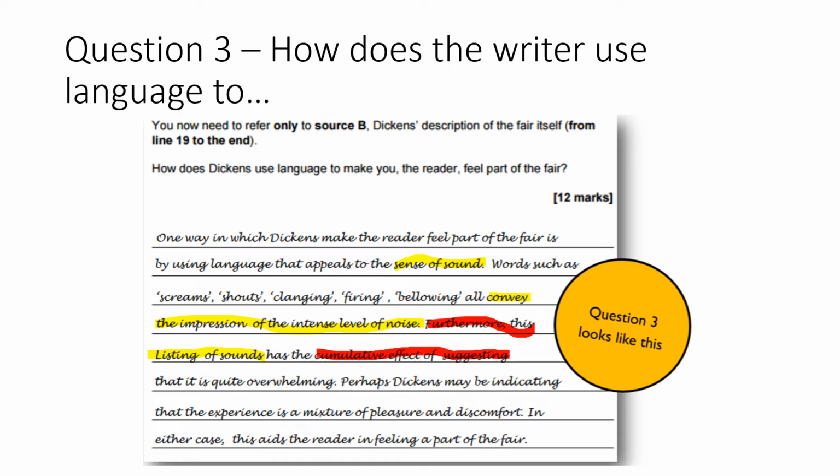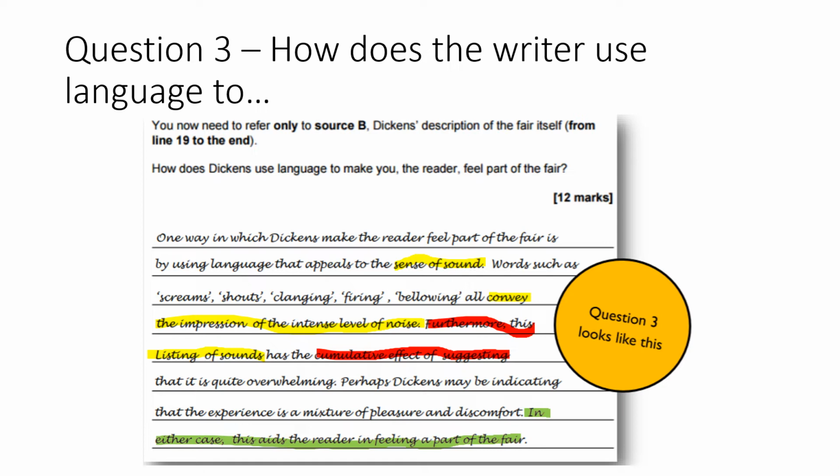We've not just looked at one idea, and then we've summed it up here. In either case, this aids the reader in feeling a part of the fair. So you see there, they have linked it back to the question, and always spoke about the effect of the language and the effect of the techniques on the reader.